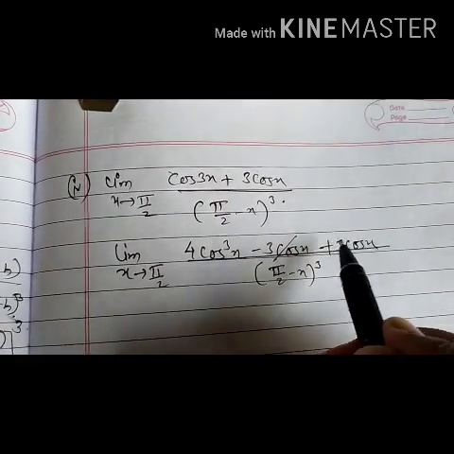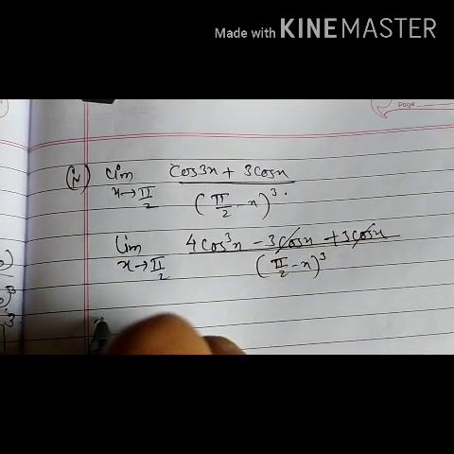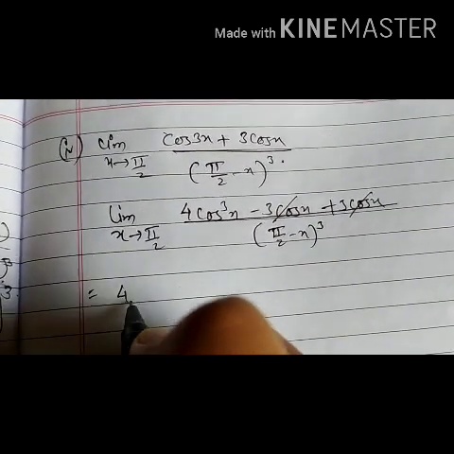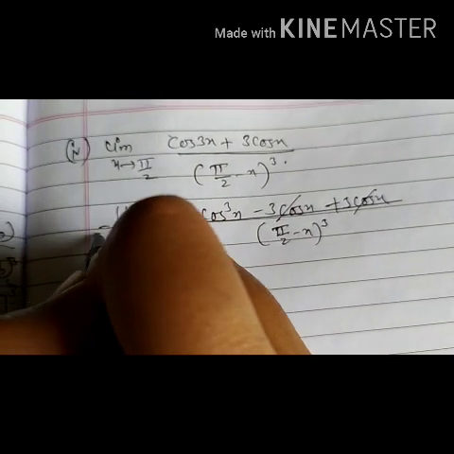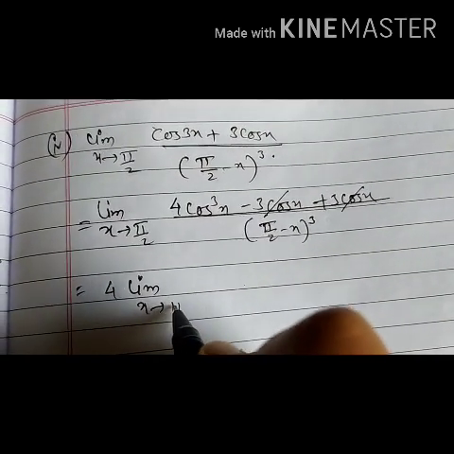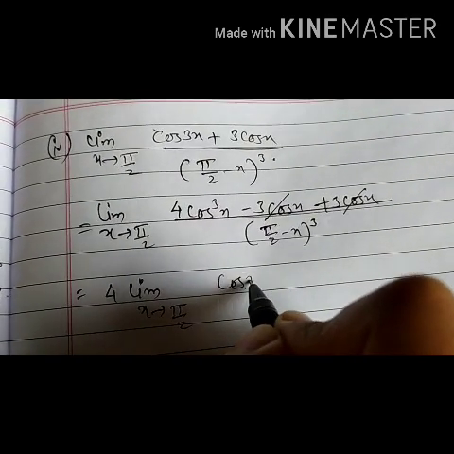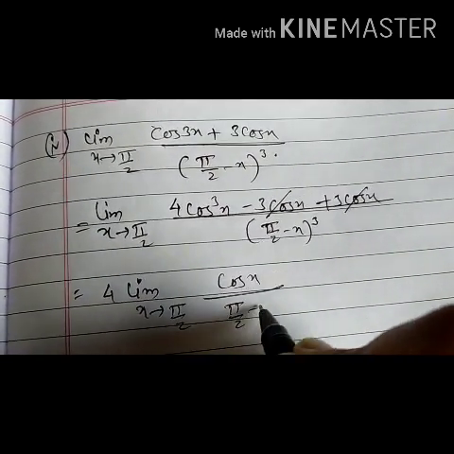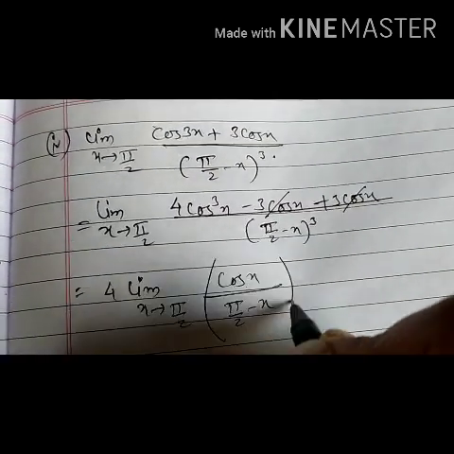Understood? Now here we can cancel this. Now what we have is 4 times limit as x tends to pi by 2 of cos x upon pi by 2 minus x, bracket cube.